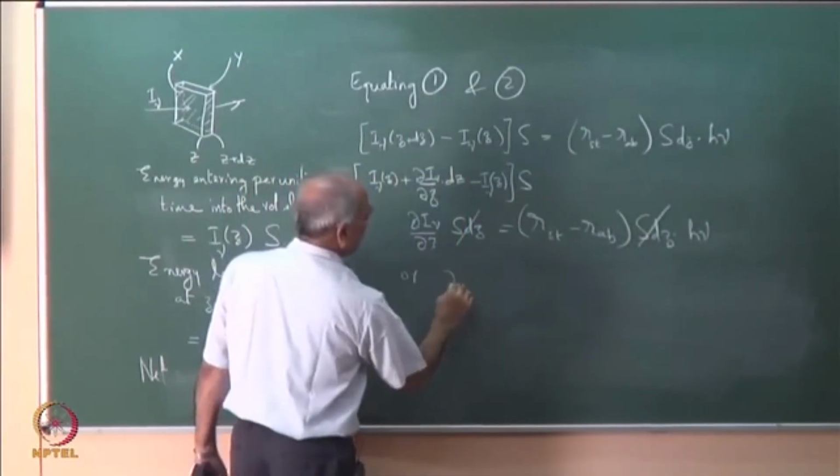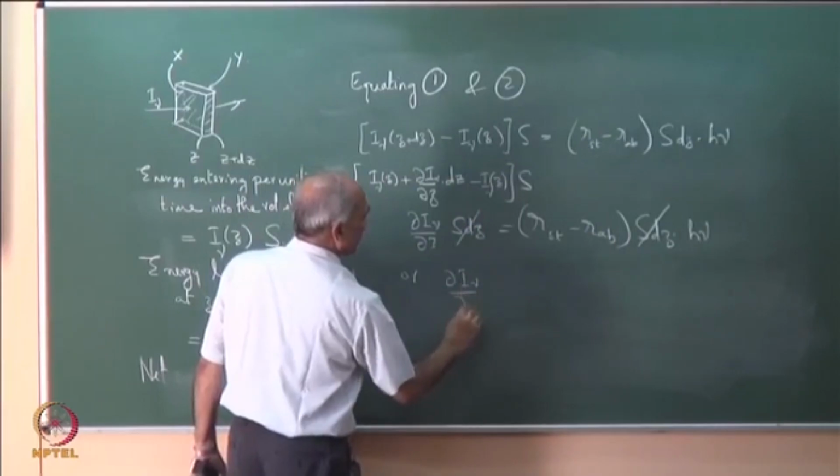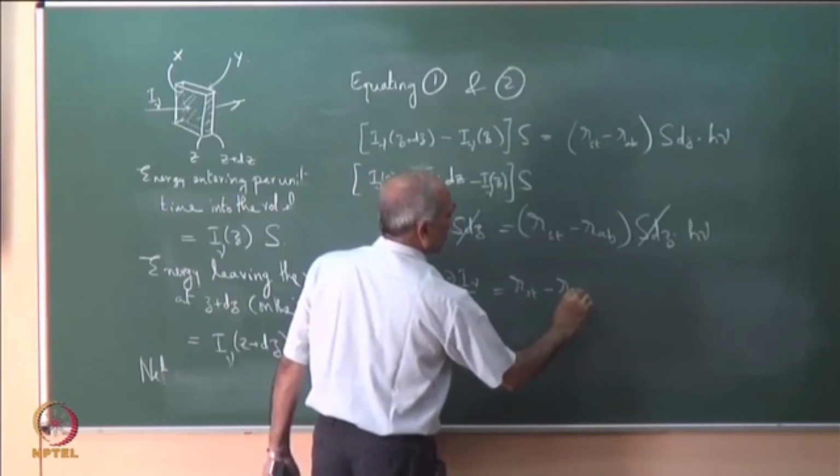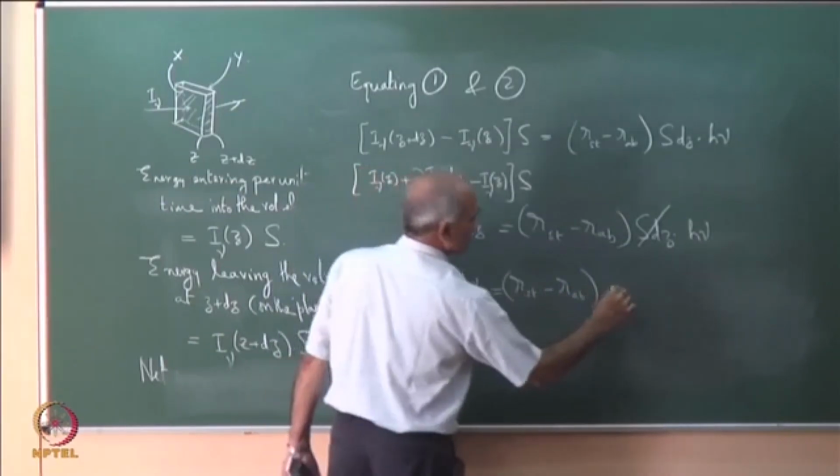We have del I nu by del z is equal to R S T minus R A B into h nu.